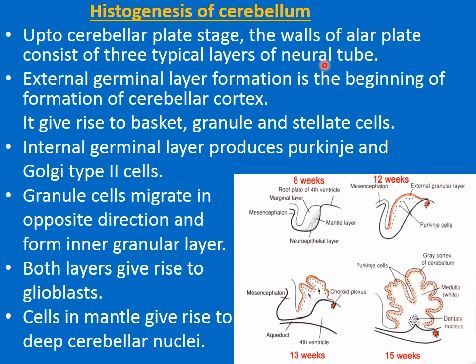Outer to that is the mantle layer, containing mainly the neurons, and still outer to that is the marginal layer, which contains the white matter.